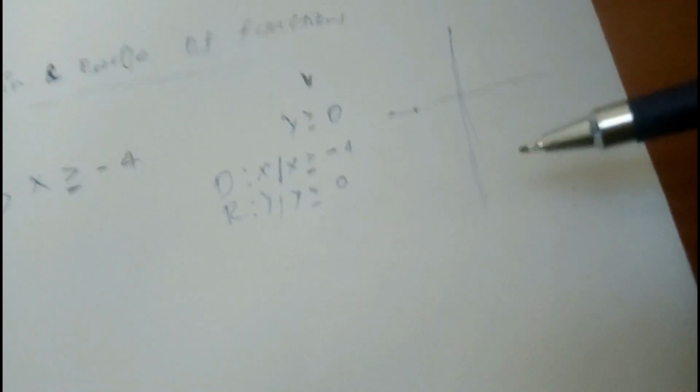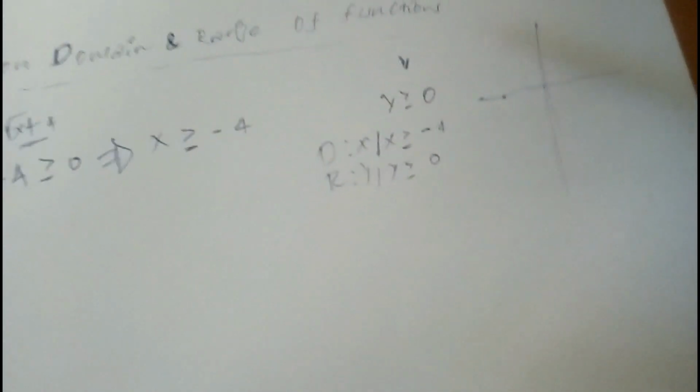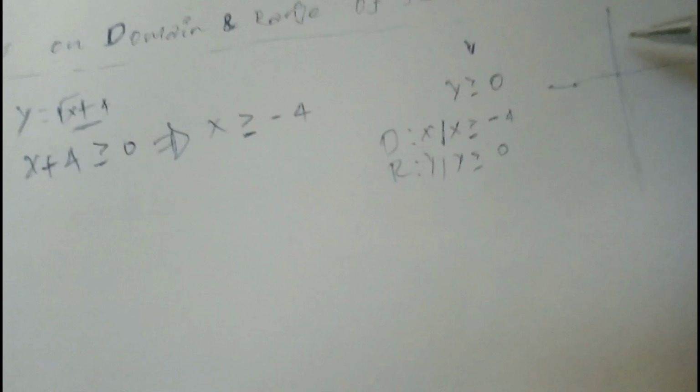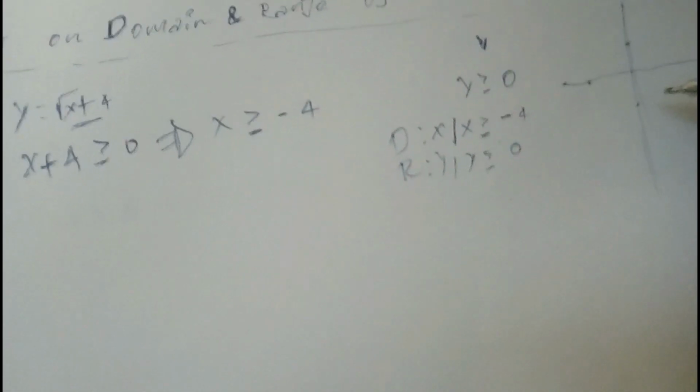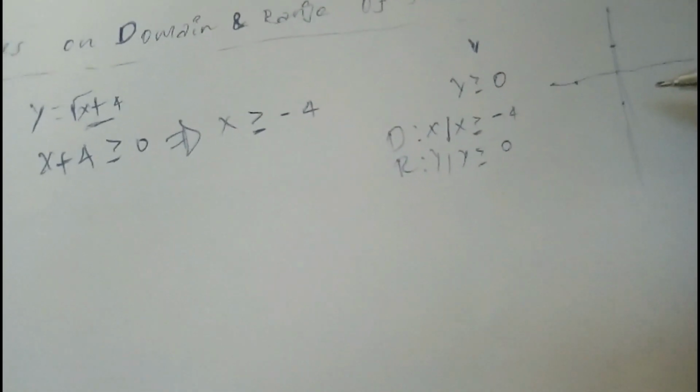So now let's find the x and y intercepts of the function y equals radical x plus 4. When x is 0, y will be positive 2 and negative 2. When y is 0, x is negative 4.